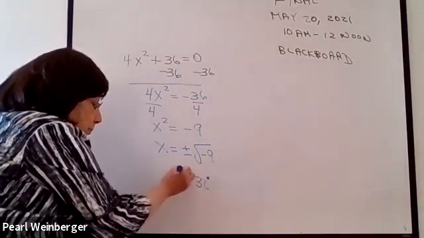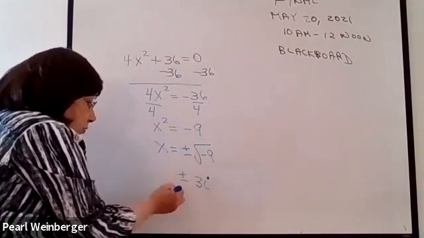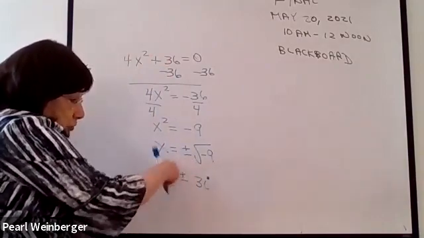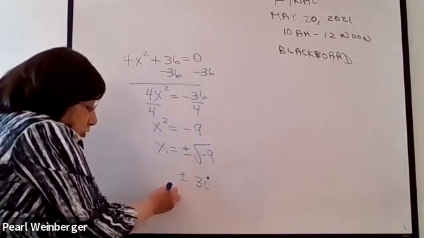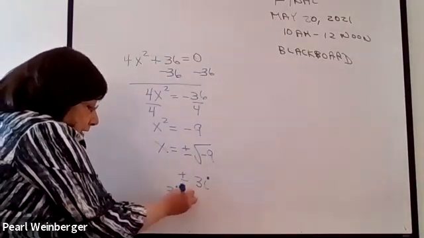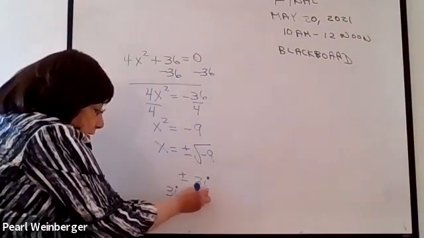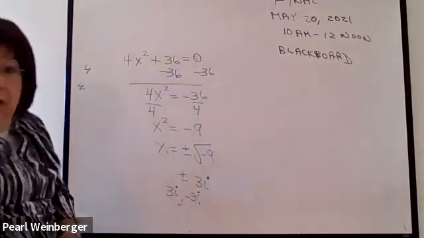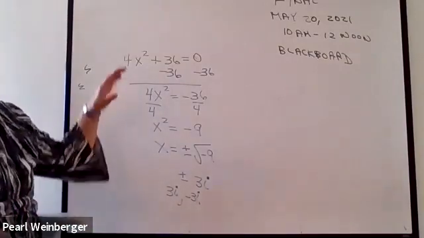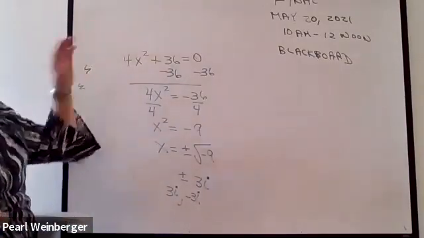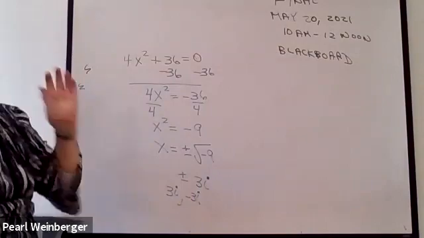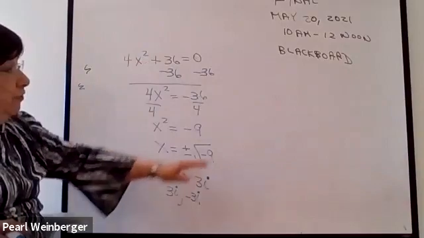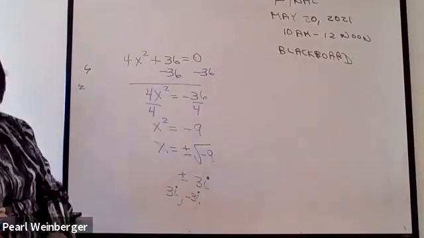So your answers are plus or minus 3i, which could be written like this with this special symbol, or separately 3i and negative 3i. So this is a relatively easy quadratic equation to solve when you do not have an x term. Even if you can't factor it, you can solve it.